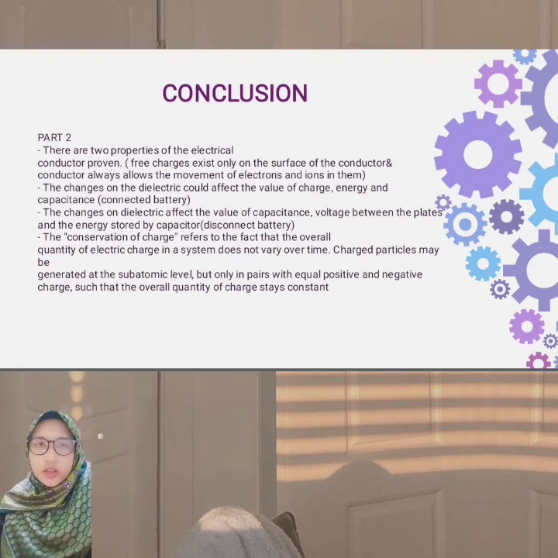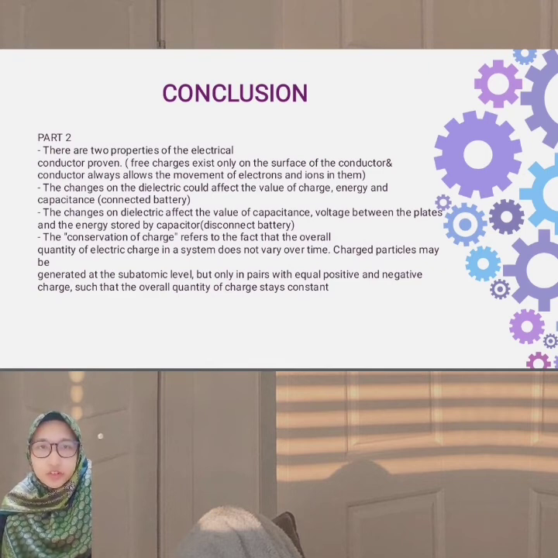Second, we found that changes in the dielectric could affect the value of charge, energy, and capacitance when we connected the battery. And when we disconnected the battery, changes in the dielectric affect the value of capacitance, voltage between the plates, and the energy stored by the capacitor.